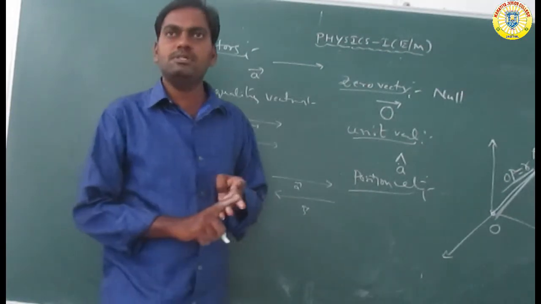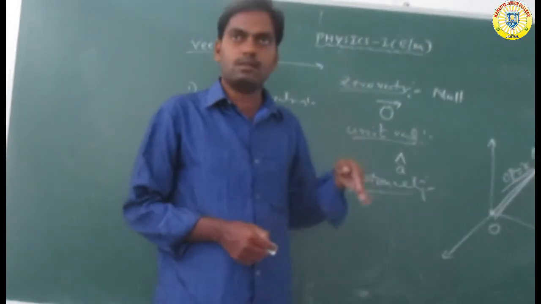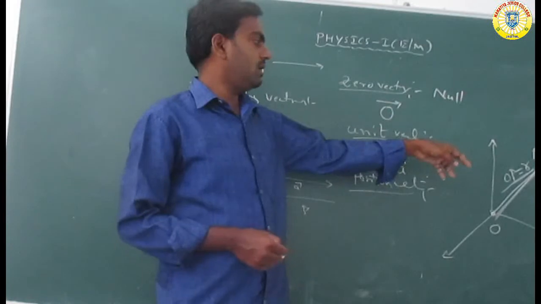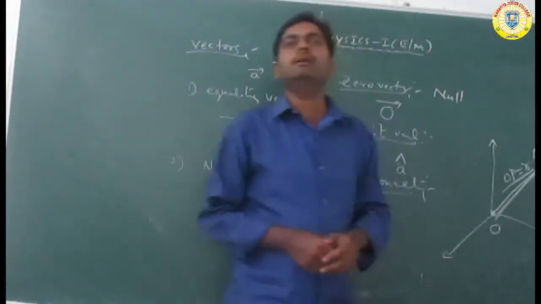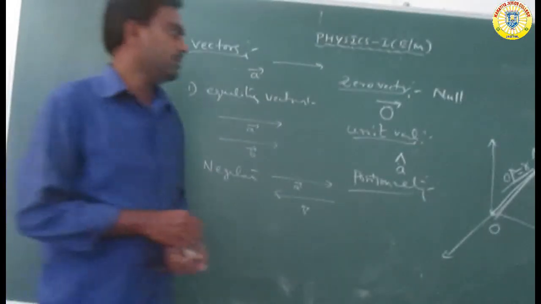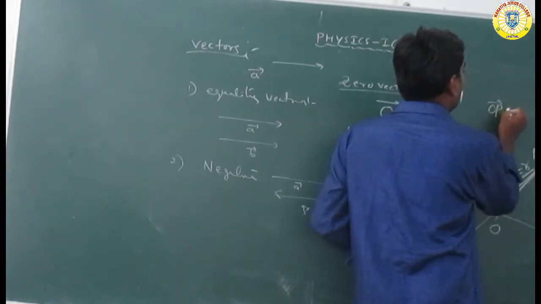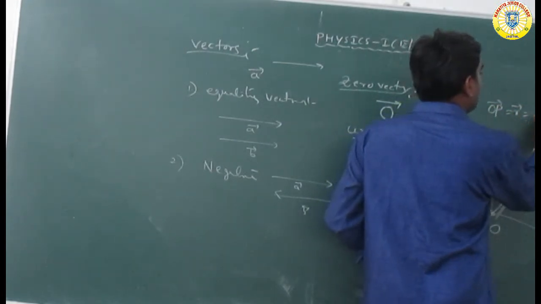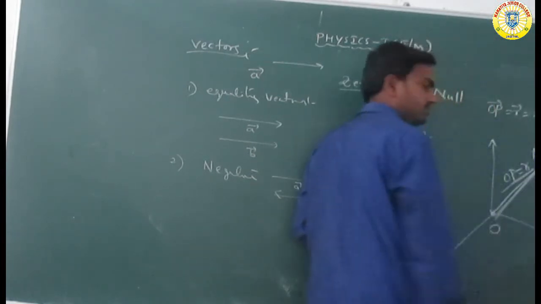What is the meaning of the position vector? The point is taken in space, the coordinate system is drawn. The vector from the origin of the coordinate system to the position of the point is called a position vector. Got it? So the position vector is represented as OP, or R, that is xi plus yj plus zk. These are unit vectors also.